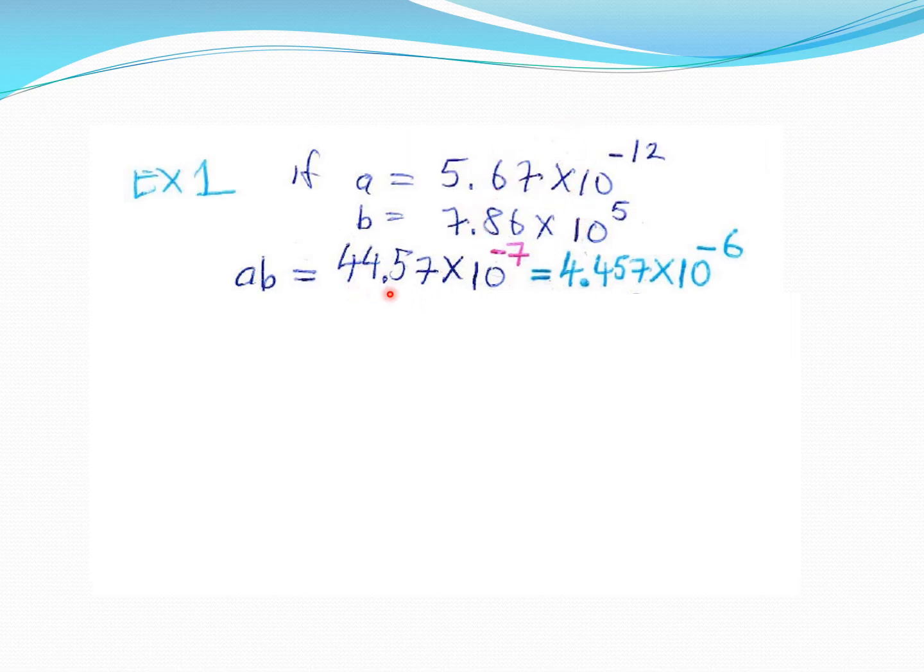So 44.57 by 10 to the minus 7. Now that number there is not in scientific form, because the first part of it is not 4 point something. So there's 10 to the minus 7. We're dividing by 10 7 times. What would happen if we divided by 10 once? Divide that there by 10 once. So that's 4.457.